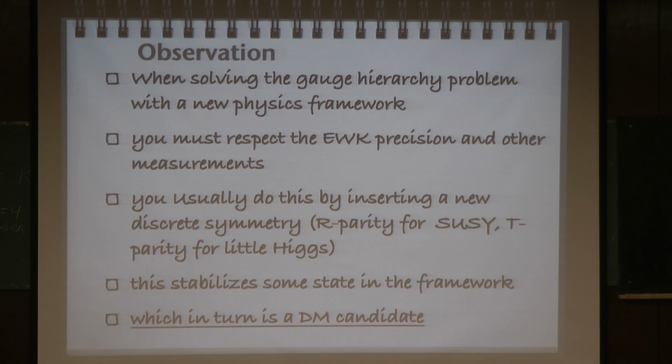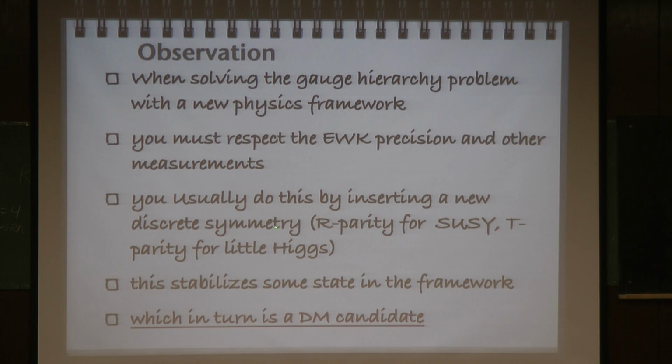In order to do that, usually you have to insert a new discrete symmetry. And Michael Dine told you about R parity, which is that symmetry in SUSY in order to respect, for example, the proton decay. It can be the T parity for little Higgs or some other conserved, some other discrete symmetry.